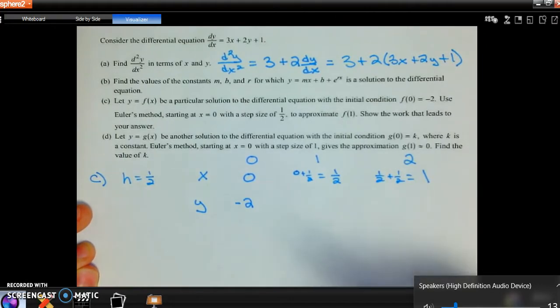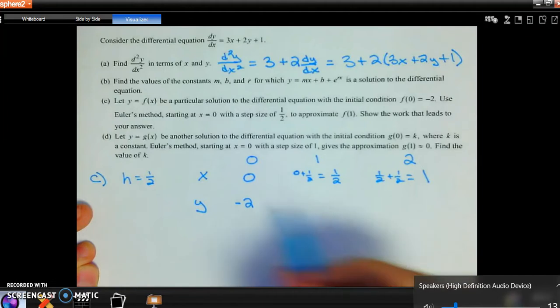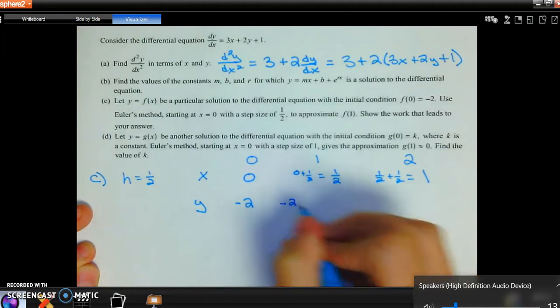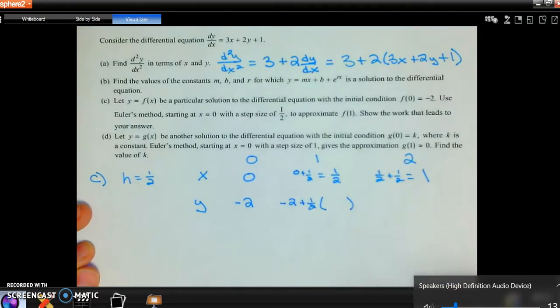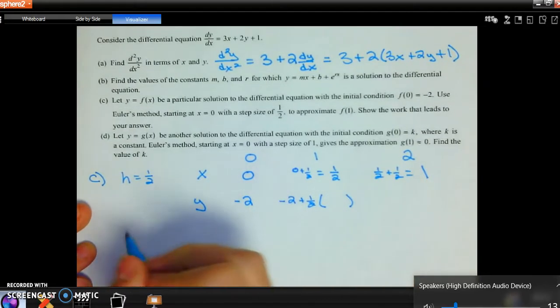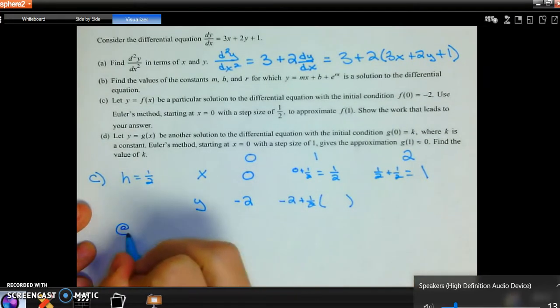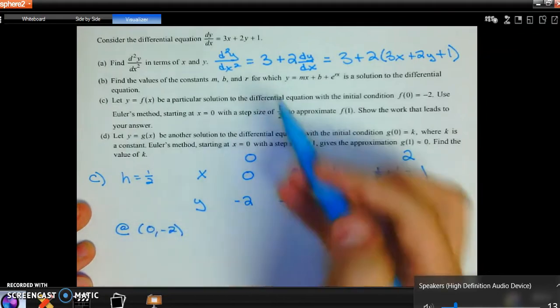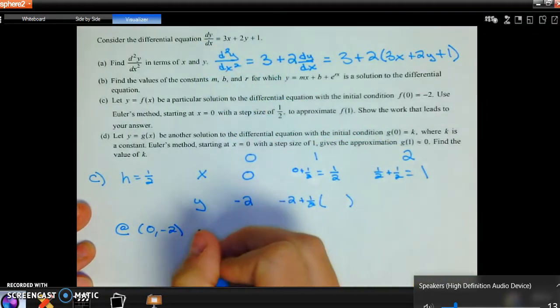And then to get this bottom row filled in, you're going to use that previous entry. So it's -2 plus 1/2 times something. How do I get that something? You have to go back to the previous point. I always do some scratch work off to the side, and I say at (0, -2), that was the initial condition, you need to evaluate that original derivative.